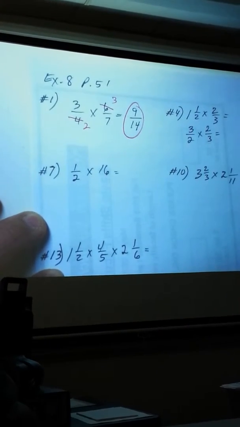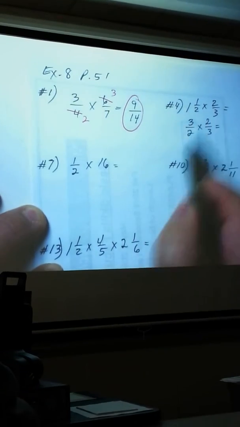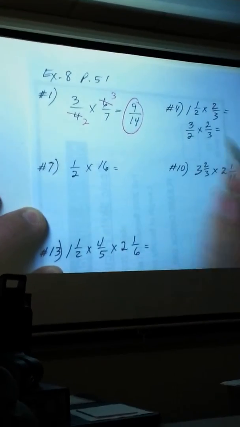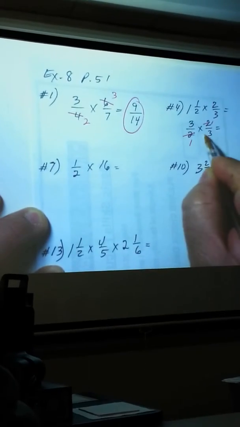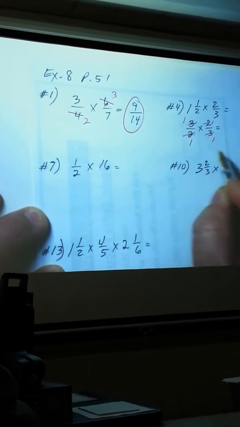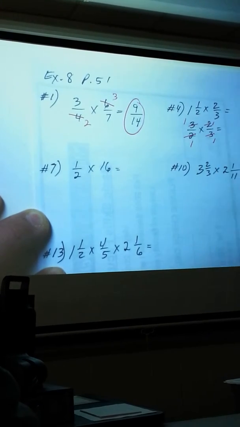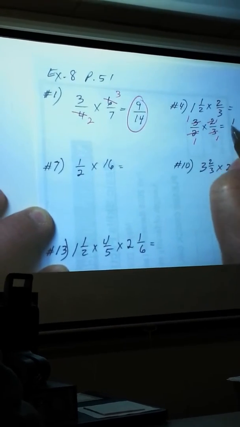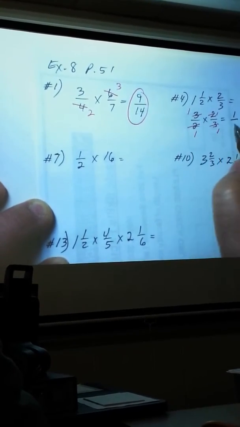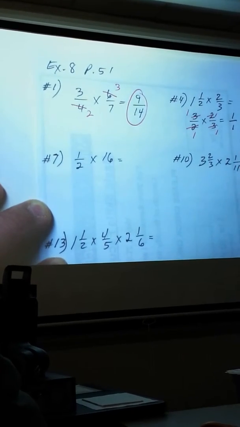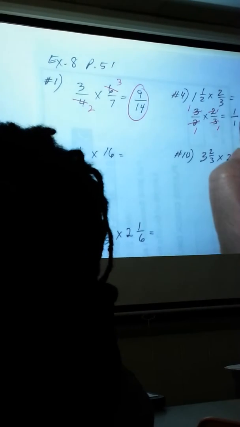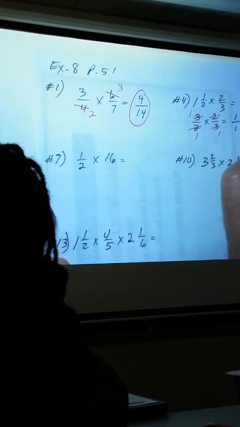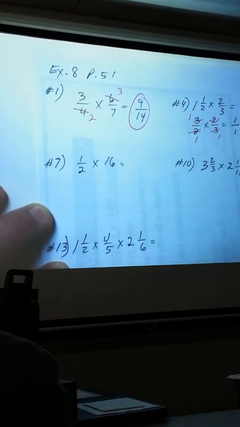Can I reduce them diagonally? Yes, I can. 2, I get 1. 2, I get 1. 3, I get 1. 3, I get 1. So 1 times 1 is 1, and 1 times 1 is 1. That's considered an improper fraction, so I need to finish off. 1 divided by 1 is 1 whole. That's my answer.